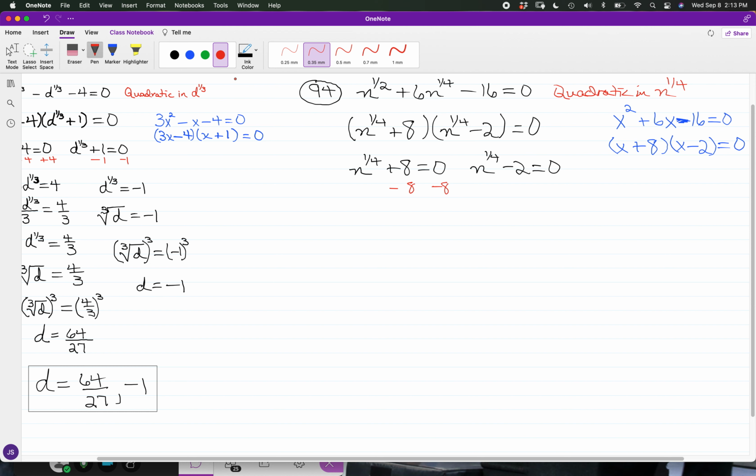For the first case, n to the 1/4 plus 8 equal to 0, I isolate the n to the 1/4, so n to the 1/4 is equal to -8. Translating from non-integer exponent to radical, n to the 1/4 is going to be the 4th root of n, and we have this equal to -8.